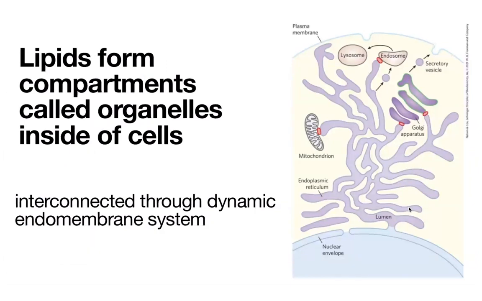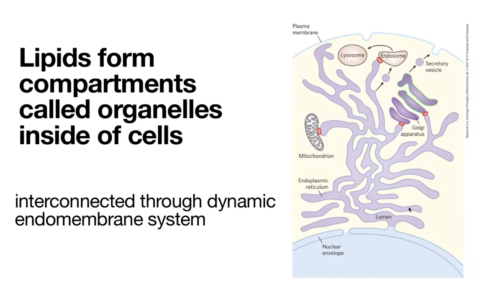Inside of our cells, there's a huge interconnected network of membrane-bound compartments. We have bigger things like our mitochondria, our nucleus, our endoplasmic reticulum, and our Golgi apparatus, which is where some proteins are processed to be secreted or otherwise modified.